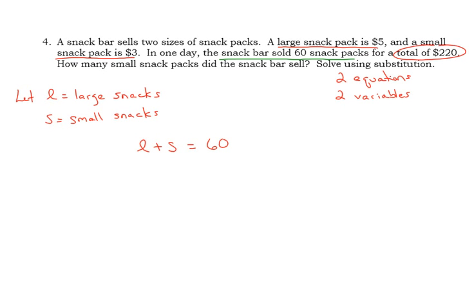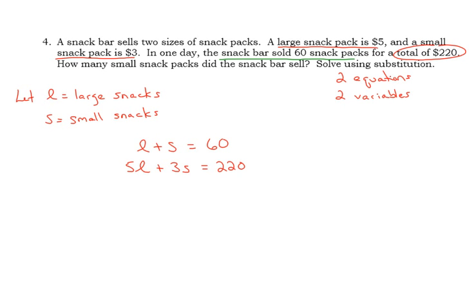That means the money that they made off the large snack packs, $5 for every large snack pack, and $3 for every small snack pack, gave them a total of $220. There's your 2 equations with your 2 variables.